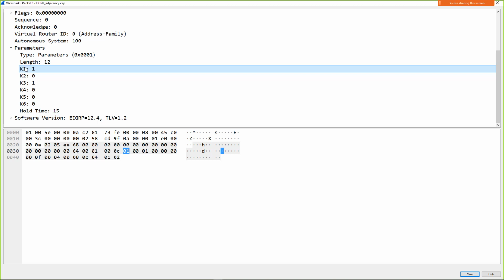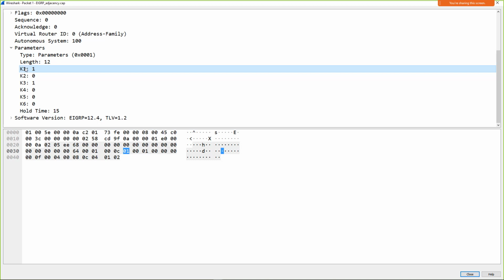I can make bandwidth twice as important in the calculation of the metric by changing the K value to 2, or 10 times as important by changing it to 10. Never really need to do it, though.